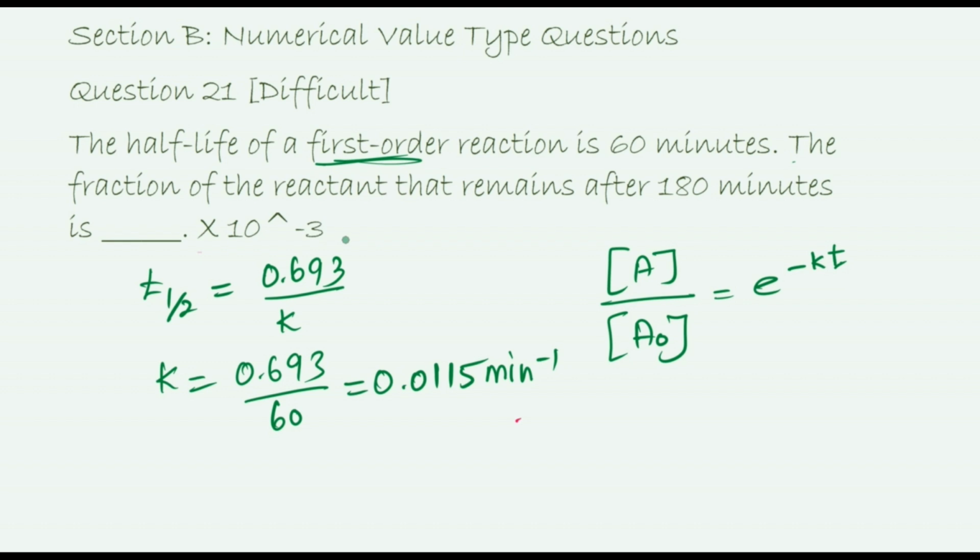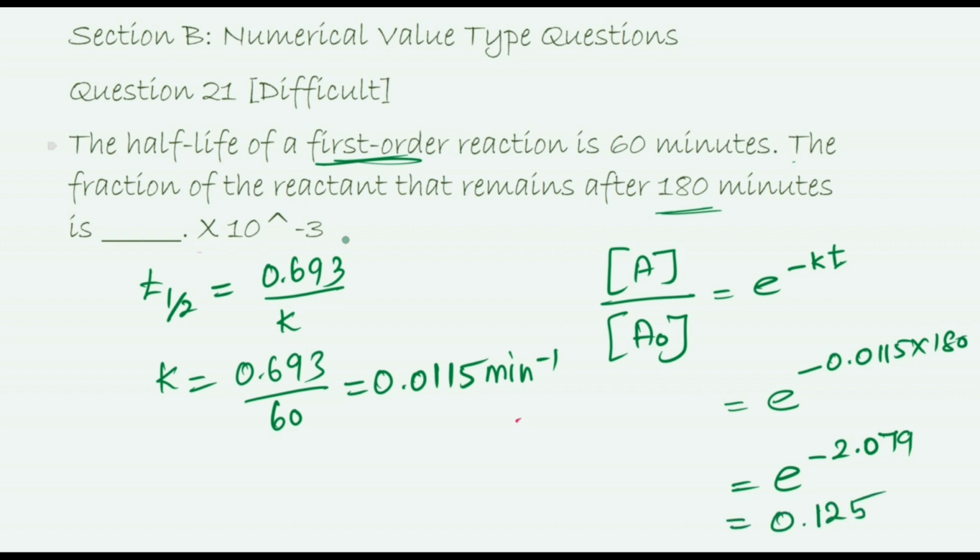The K value which is found, that is 0.0115 into 180 minutes, which will give you e to the power minus 2.079. For calculating it, the final value becomes 0.125. So 125 into 10 to the power minus 3, 125 is our answer.